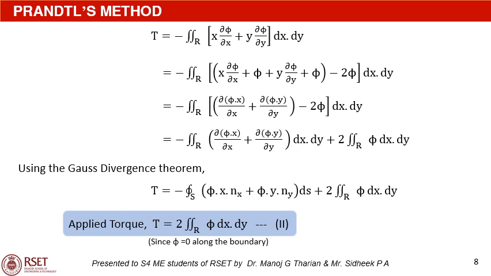We have already seen that the Prandtl stress function phi along the boundary for a solid section is 0. So the first integral along the boundary becomes 0. Thus, the applied torque T is equal to twice double integral over the region R of φ dx dy.